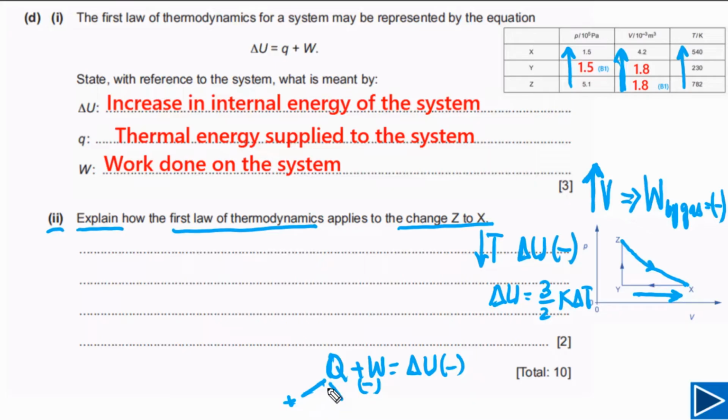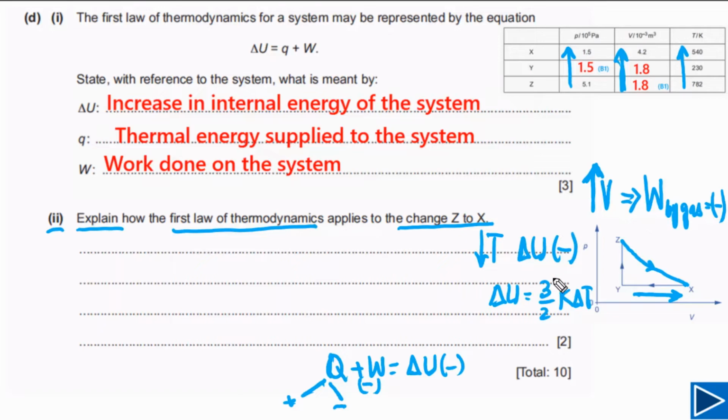So it can be positive, means heat can be supplied to the system, or heat can be released from the system. It depends on the exact values of W and delta U. But we don't have the exact value of delta U, and also we don't have the exact value of W. So we cannot say anything about Q.